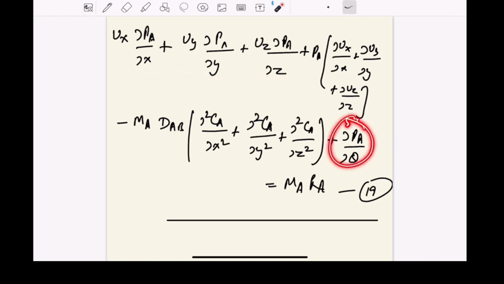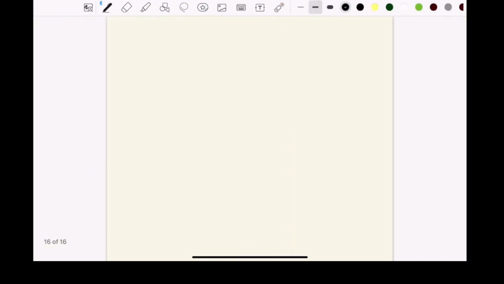So it becomes ux ∂CA/∂x. How are we writing CA?